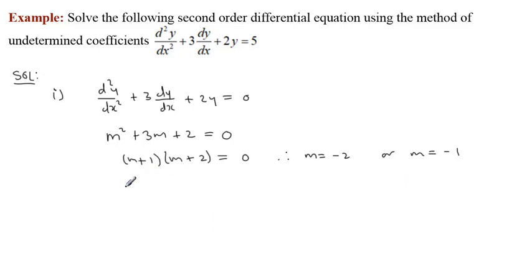Now you would proceed like we saw before and get a solution. We're not going to label it y general, we're going to label it yc, meaning y complementary solution. So you write y of x, which is yc, equal to c0 e to the power minus 2x plus c1 e to the power minus 1x, which will be your complementary solution.